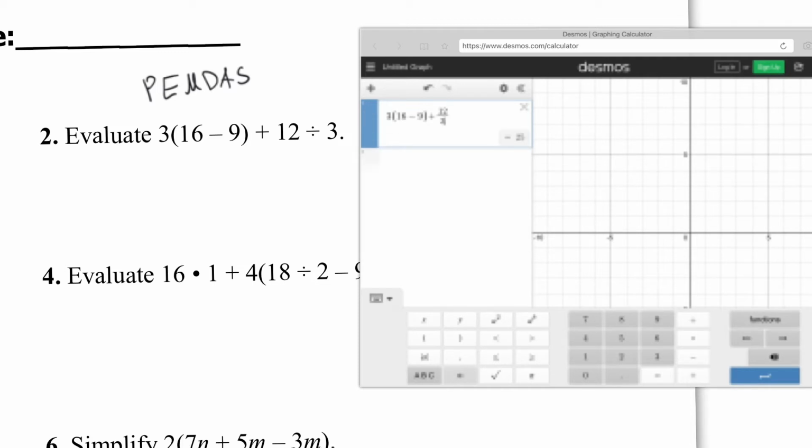Don't worry guys, you just make sure that the number after the division is under the fraction. And if there's more numbers after the 3, in Desmos you have to move the cursor to the right. You guys notice that I'm adding a minus here, but I'm going to delete it because that's not what we have. But make sure the cursor is on the right side of the fraction. But the answer is 25.